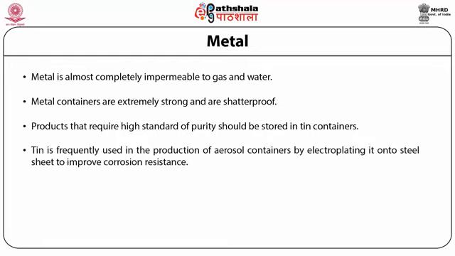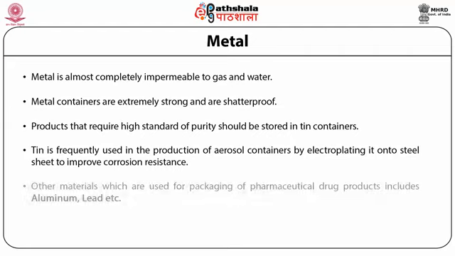Tin is frequently used in the production of aerosol containers by electroplating it onto steel sheet to improve corrosion resistance. Other materials used for packaging of pharmaceutical products include aluminum, lead, steel, copper, etc.